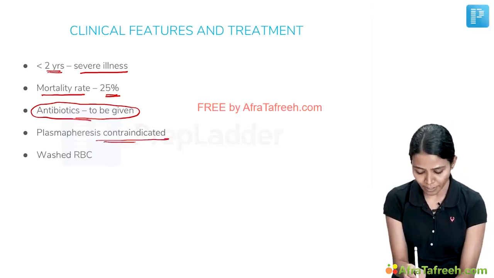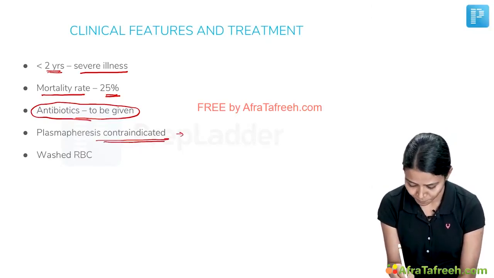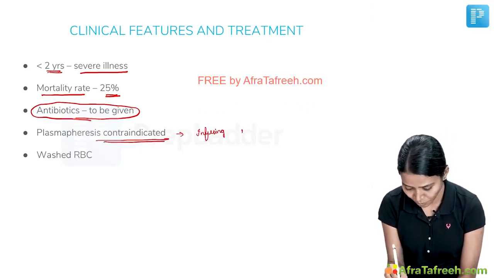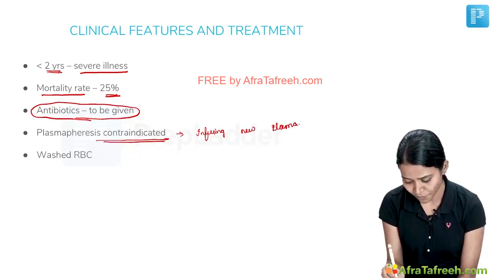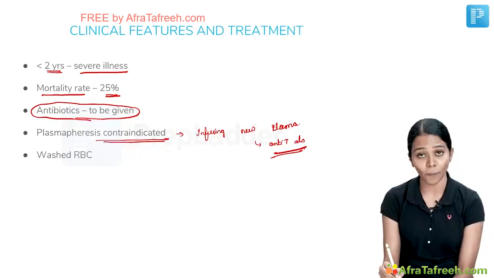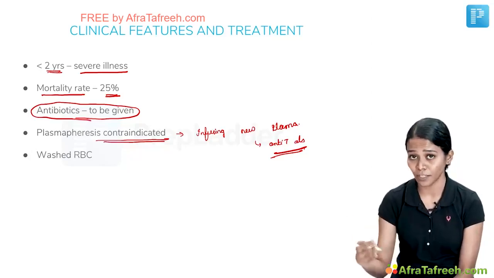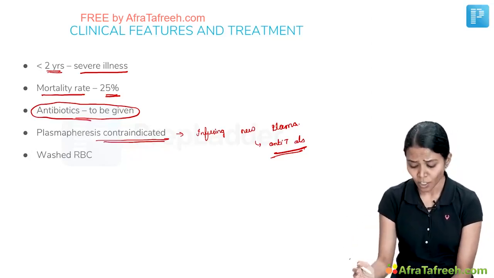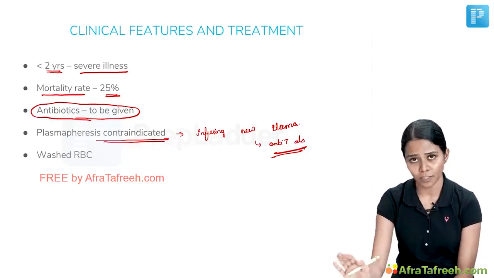Plasmapheresis is contraindicated because plasmapheresis involves infusing new plasma into the patient. So, what will this new plasma have? This new plasma will have more anti-T antibodies, right? Because this is seen normally in all human beings. So, this is going to further worsen the condition, right? So, you are not going to do plasmapheresis.